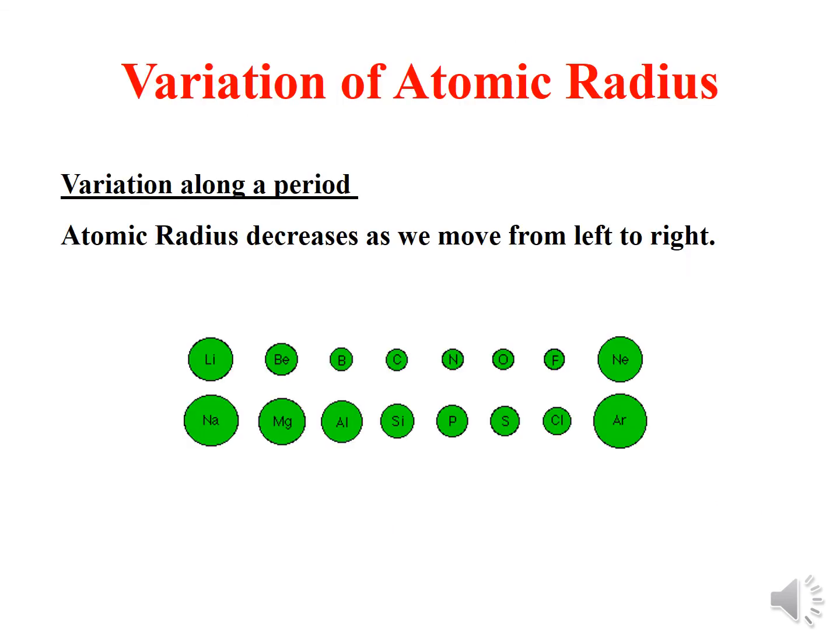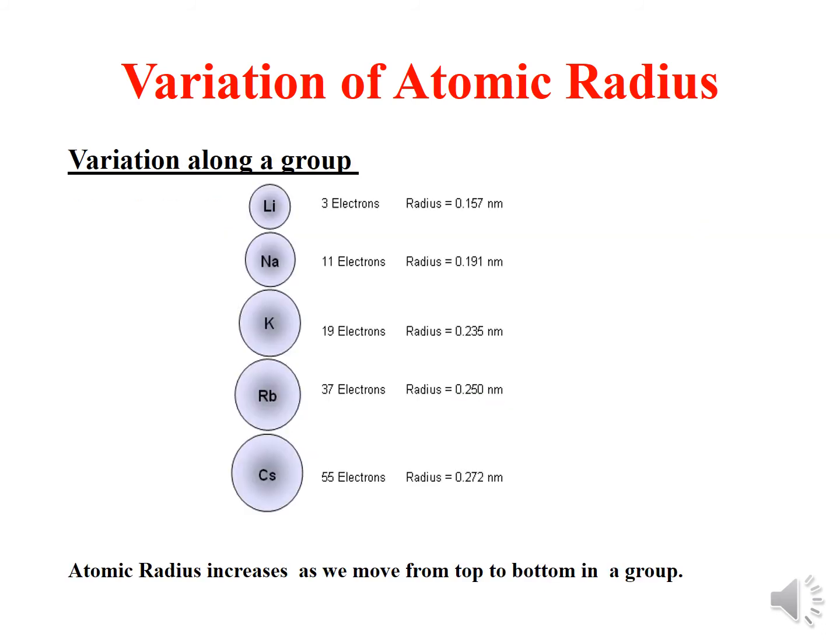So next, in nuclear charge, atomic radius decreases as we move from left to right. This is due to increase in effective nuclear charge. Next we will discuss variation along a group. As we move from top to bottom, size is increasing. Number of electrons are increasing, but as we move from top to bottom, a new shell is added.